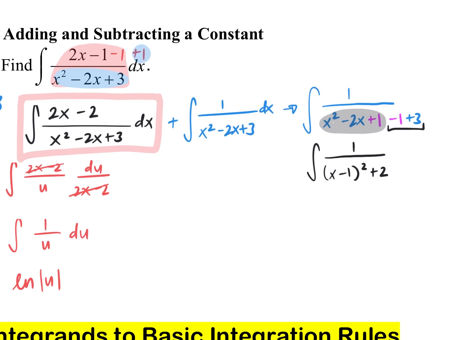So I can let u equal x minus 1, which means my du is just equal to dx. So when I replace those things, I have 1 over u squared plus 2 du. Now it looks even more like arctan, where my a value, what's my a value going to be? Square root of 2.